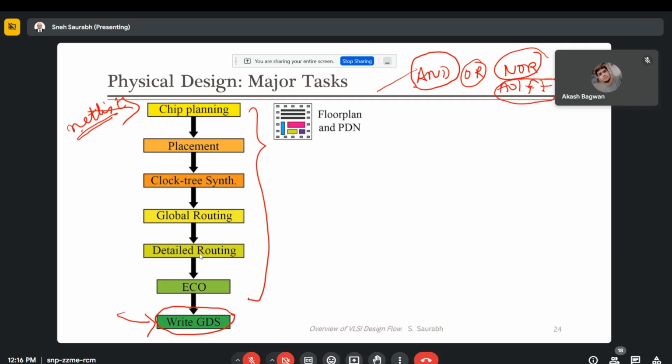So there will be a designer whose task would be to make the gate with transistors and create a layout for it in an optimal way.